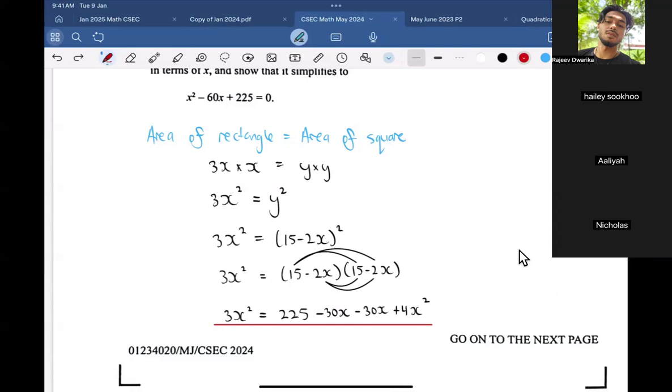Are both of those x terms? Yes. So if you take away 30 x's and you take away 30 x's again, how many x's do you take away? 60. That's insane.